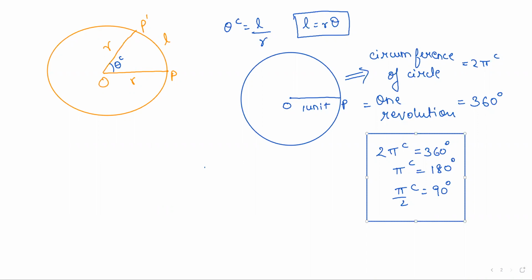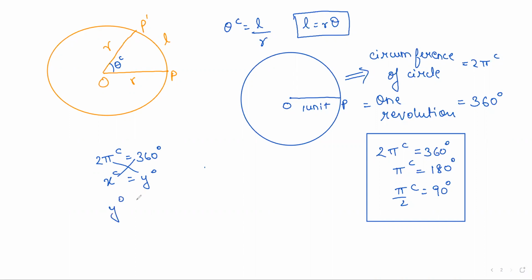Now, if one relation is known to us, and in the second relation one quantity is known to us, you can easily determine the other quantity by the unitary method or something like this.